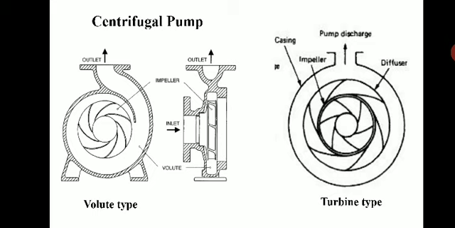This type of pump can run with high speed driving mechanisms such as electric motors, gas engines and steam turbines. So you can use anything to run this type of pump. Then the flow of water obtained from this type of pump is non-pulsating, so we get a continuous supply of water. There is an absence of valves in this type of pump and there are few moving parts, and therefore it is durable.